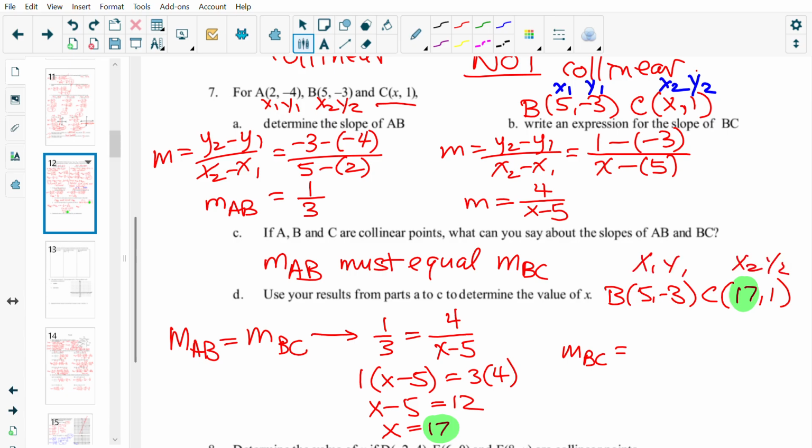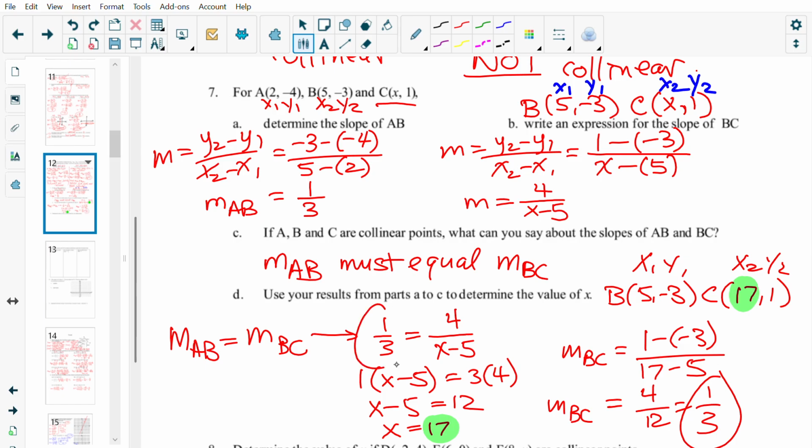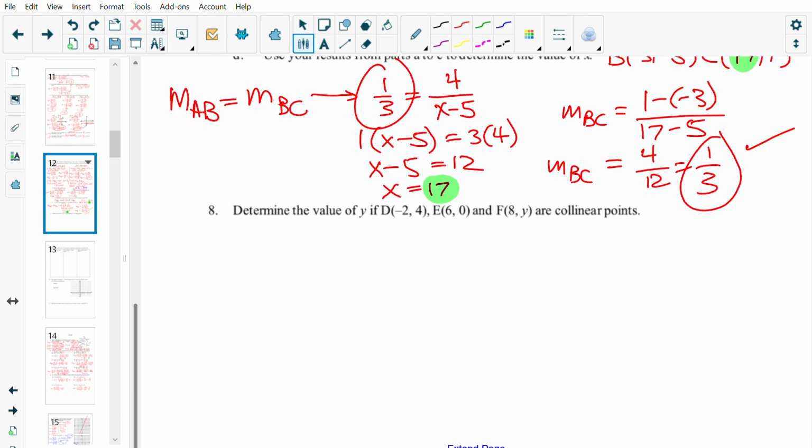That is 1 minus negative 3 over 17 minus 5. That's 4 over 12, and that's 1/3. Is that what we should have? Yep, 1/3, and that's a check.